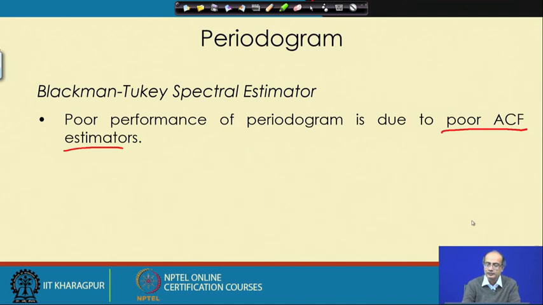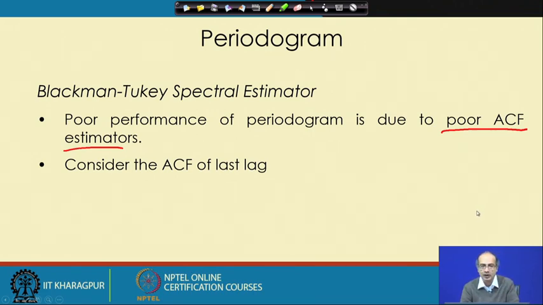So, they suggested that the ACF is the real cause of the trouble, and for that they took the weakest point of the periodogram, the last lag of the ACF.